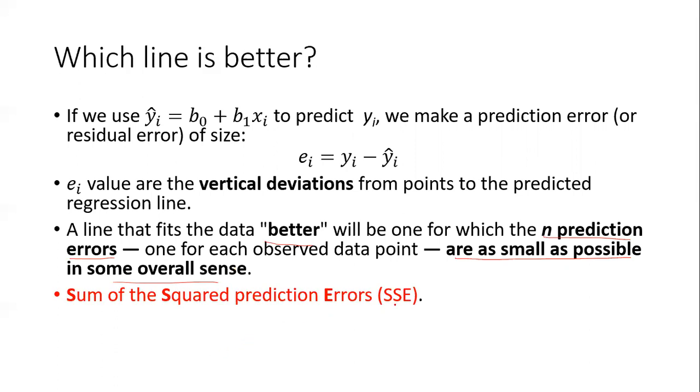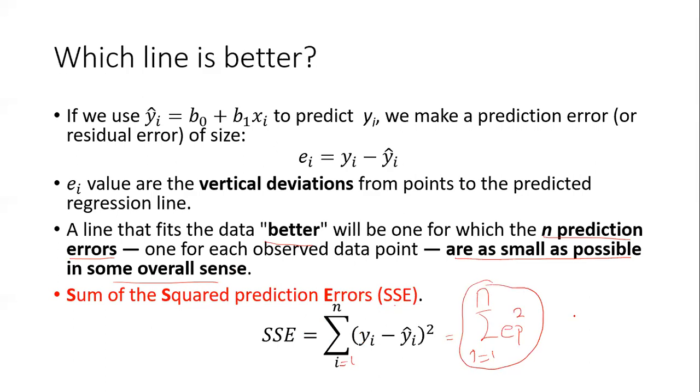For this, we have what we call the sum of squared prediction errors, or sum of squared errors. The sum of squared errors is the sum from i equals 1 to n of the squares of all the errors. This is what we call SSE.